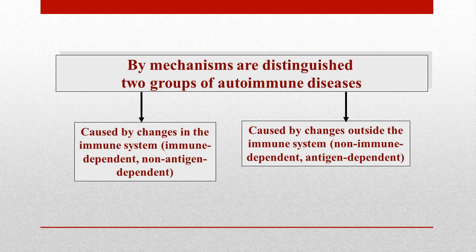By mechanisms, there are distinguished two groups of autoimmune diseases. First group, diseases caused by changes in the immune system: immune dependent, non-antigen dependent. Second group are diseases caused by changes outside the immune system: non-immune dependent, antigen dependent.